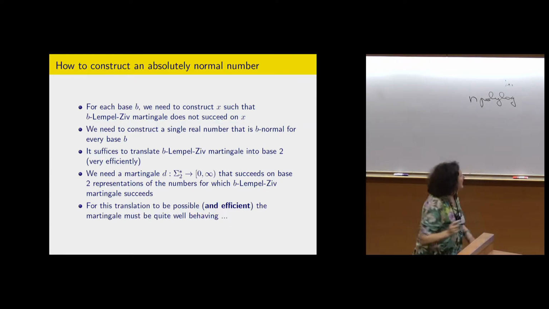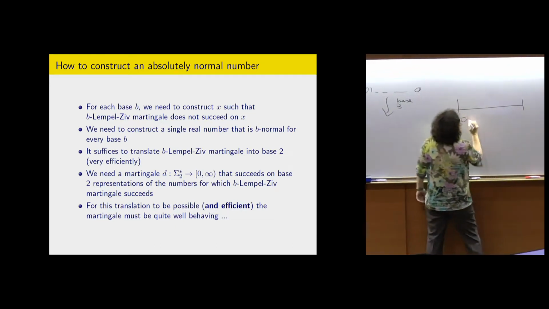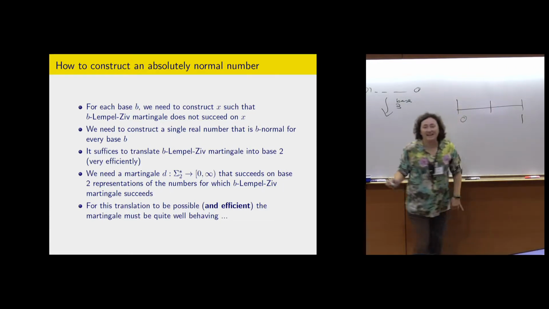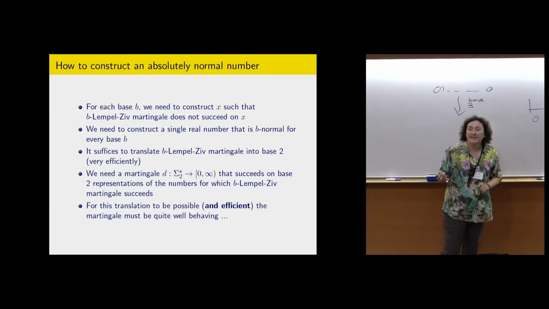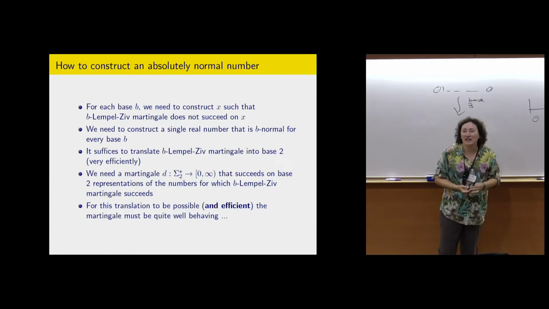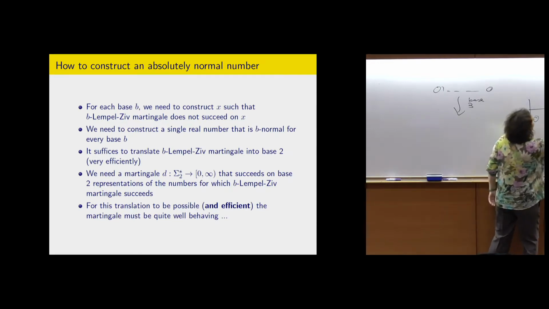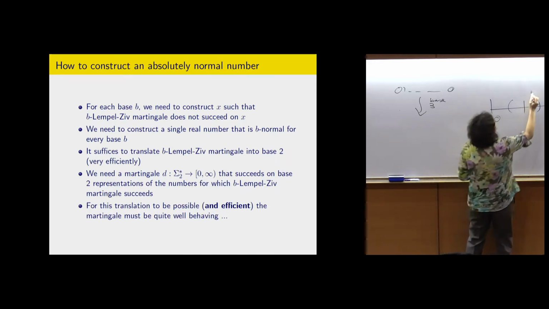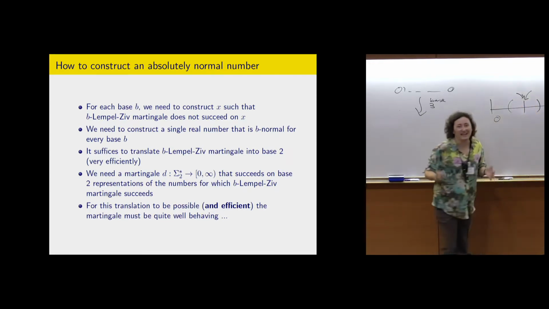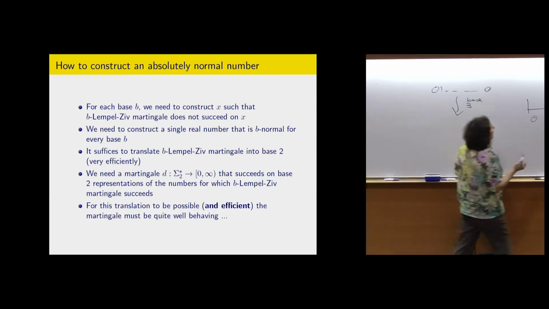If you draw it on the real line, that becomes more clear. Representing a binary sequence means choosing among intervals of length 2 to the minus n. But then if you do it in base 3, you are in trouble if you're very close to the borders. How do you know where you are?